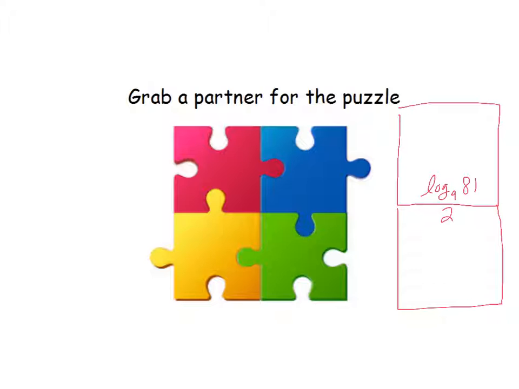The other type of problem that you might see is an equation, and it might be a logarithmic equation or an exponential equation. Perhaps it's something like e to the 7th equals x, let's just say. Okay, e to the 7th equals x.